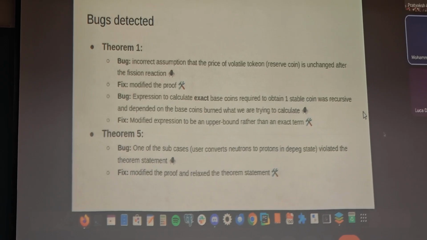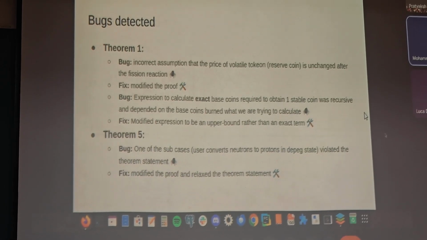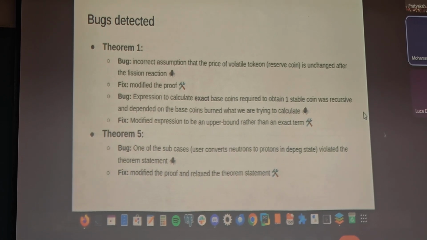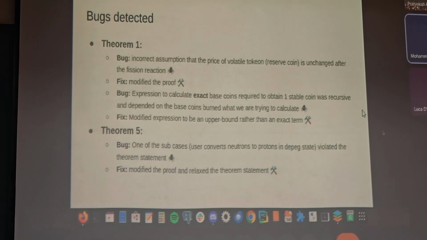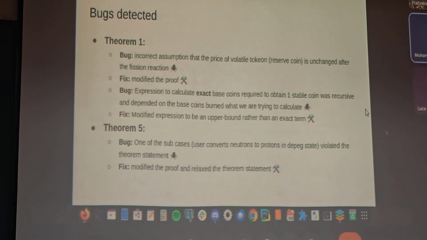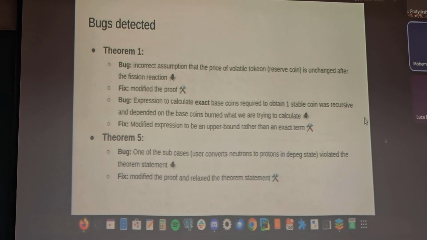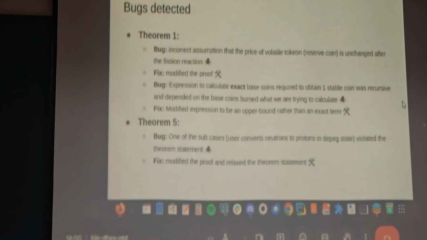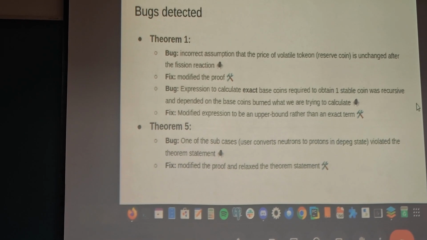This might seem like a cop-out, but our goal is to have known guarantees of stability. So even if in some cases the stable coin is not stable or it violates what we're trying to prove, it's important to know those cases so that when we implement that protocol in practice, we can prevent the users from performing certain reactions.